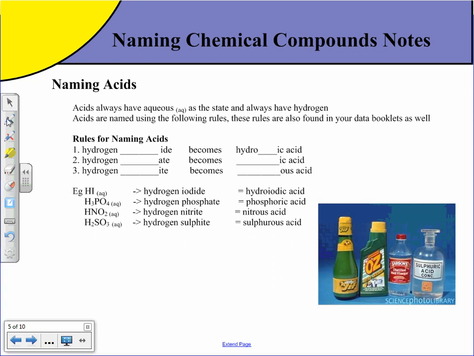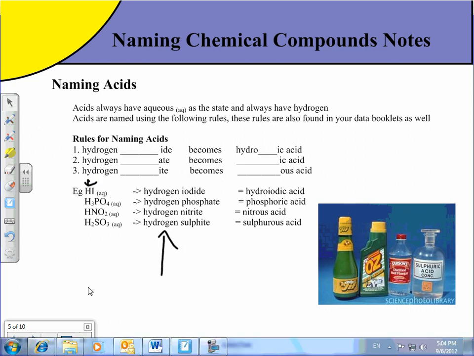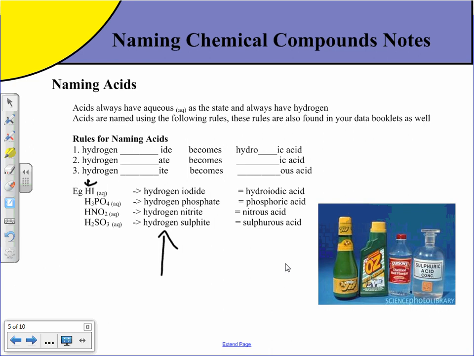as an ionic compound, this is what I would have, okay? Hydrogen iodide, okay? That's my ionic form, and that goes into hydro, and then it ends in I, so it becomes hydroiodic acid, okay?